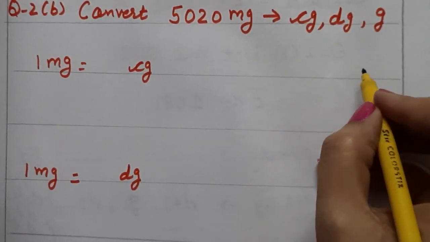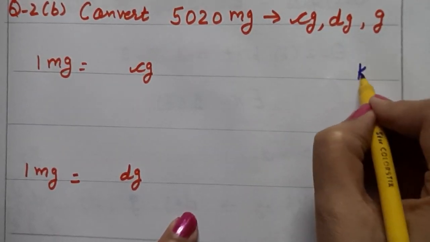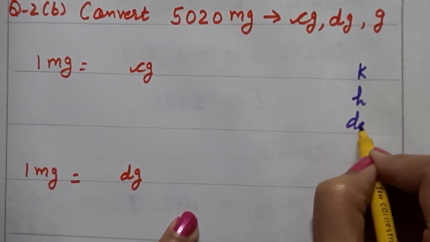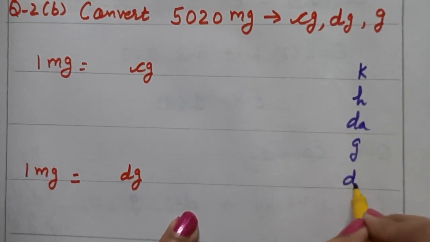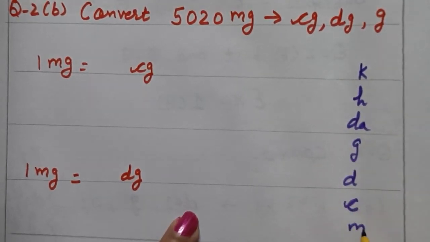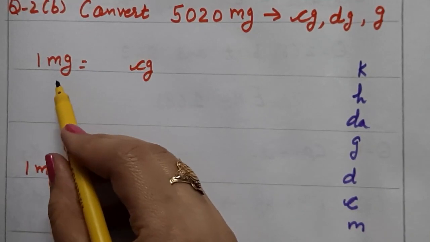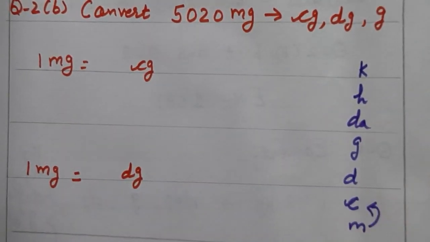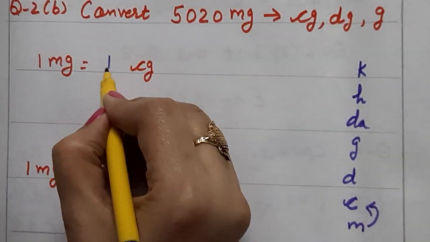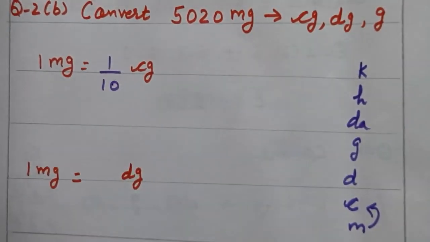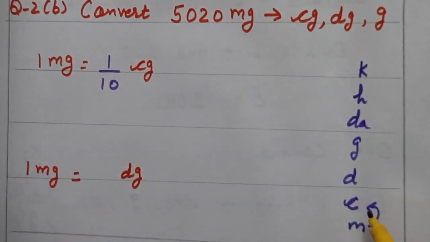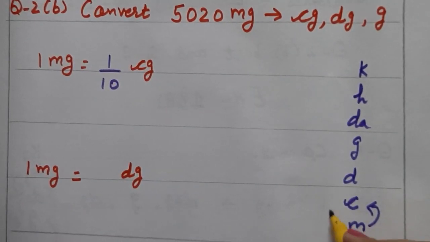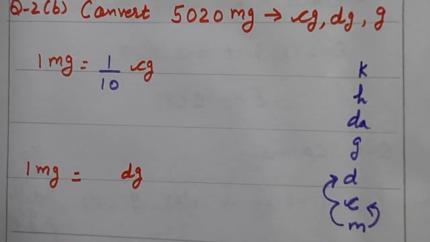Now you write down King Harry died. King Harry died. Grandmother did not cry much. Milligram to centigram. One step above. So 1 upon 10. Milligram to decigram. 2 steps above.